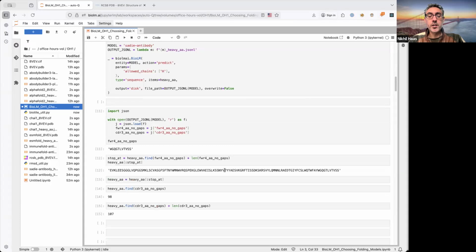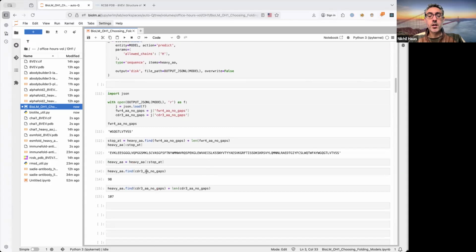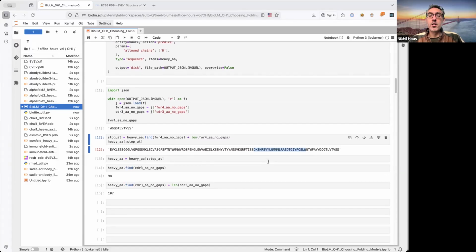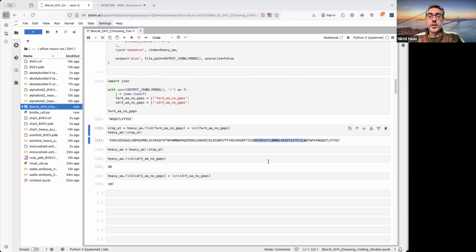So we have our heavy chains here. And you can see that our CDR region starts at amino acid 98 and goes to 97. So if you counted 98 to 97, that would be our CDR region, and that will become relevant in a moment when we look at the structure predictions and RMSD on that region.